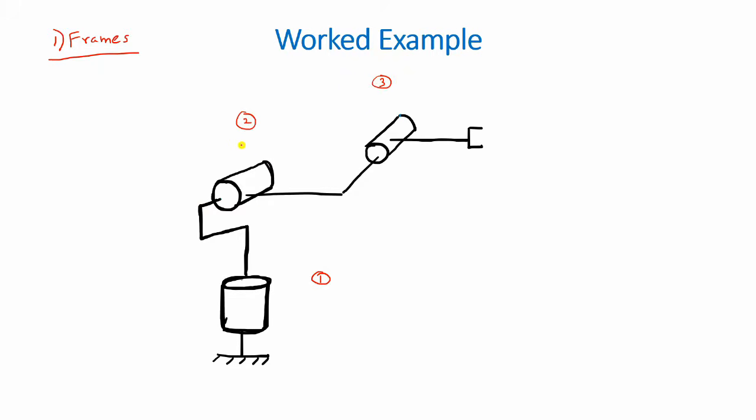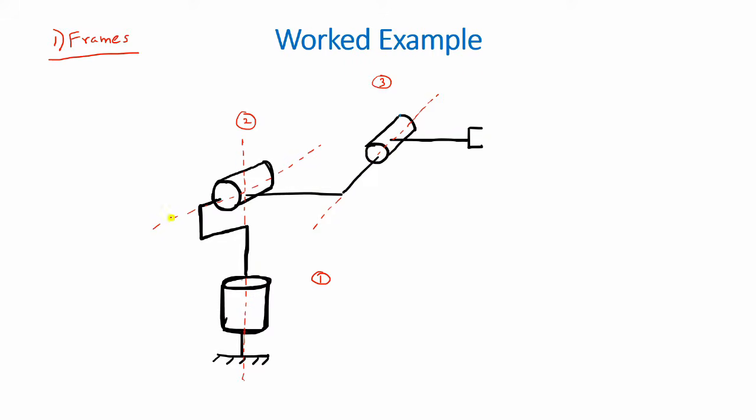The first would have a joint axis sort of something similar to this, running vertically. The second would be here, and the third would be here. Now something to note is that joint 2 and joint 3 are actually parallel to each other, just that the way I've drawn it, it looks slightly different.